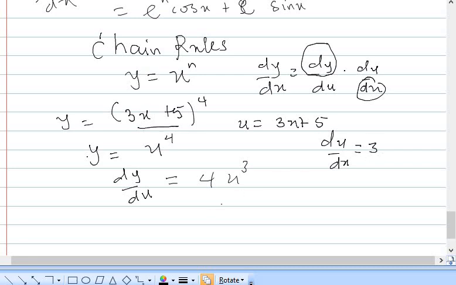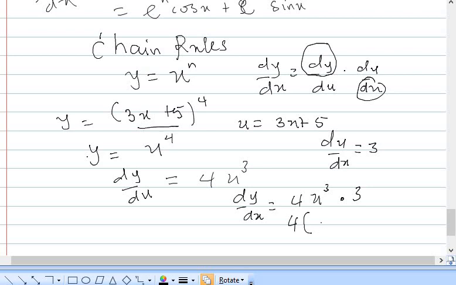So by putting in the formula, dy by dx is equal to dy by du times du by dx, we have 4u power 3, multiplied by du by dx, that's 3. But our value of y remains the same, so we have to substitute.